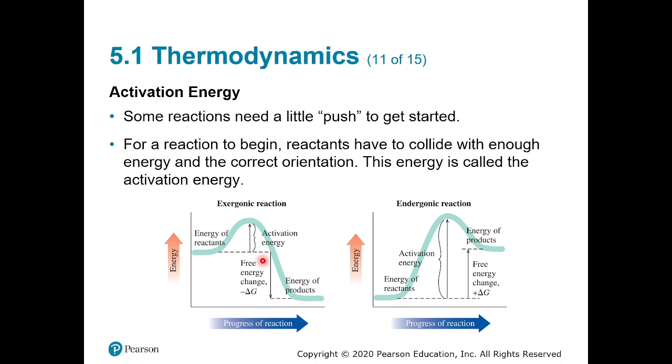Okay? This right here, this activation energy, that tells you the speed of something happening. Right? If you can overcome this barrier really fast, the reaction will go very fast. If you can't overcome this barrier very fast and you don't have enough energy to jump over that barrier, you're going to be a very slow reaction. Okay?